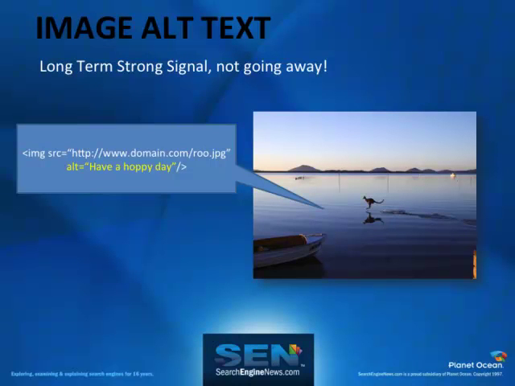Now, your image alt text has been a good, strong signal for a long, long time. In fact, that's what most of these search engines used for many, many years: they went off the alt text for the image in order to use it for scoring. So it's still there. You should not overlook the image alt text when you're uploading your files to your website.